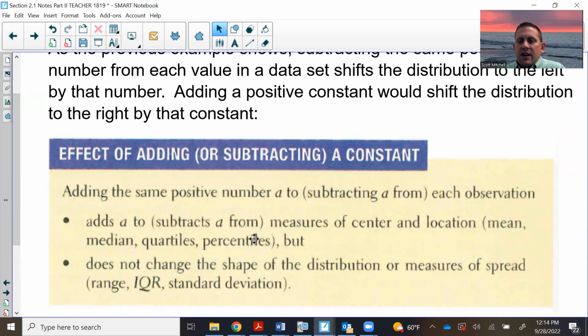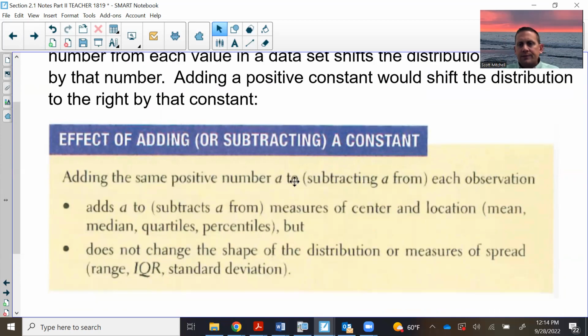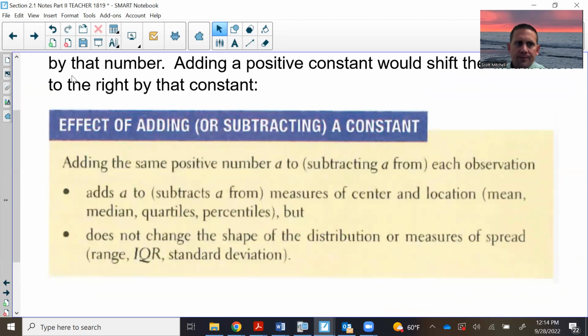So the center is going to change, but the spread doesn't change at all. Your quartiles, percentiles, mean, median shift, but your interquartile range doesn't change. Your range doesn't change. Your standard deviation doesn't change. None of that stuff changes. So really, the only thing that changes is your center. Spread doesn't change. Shape doesn't change.